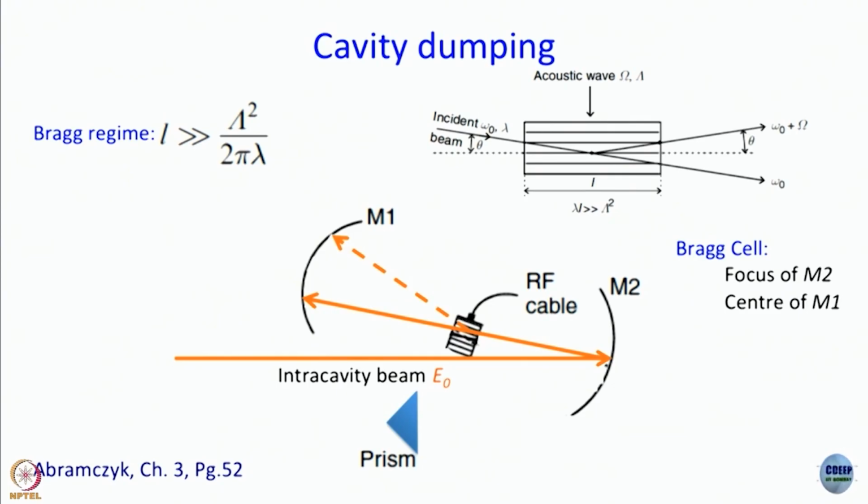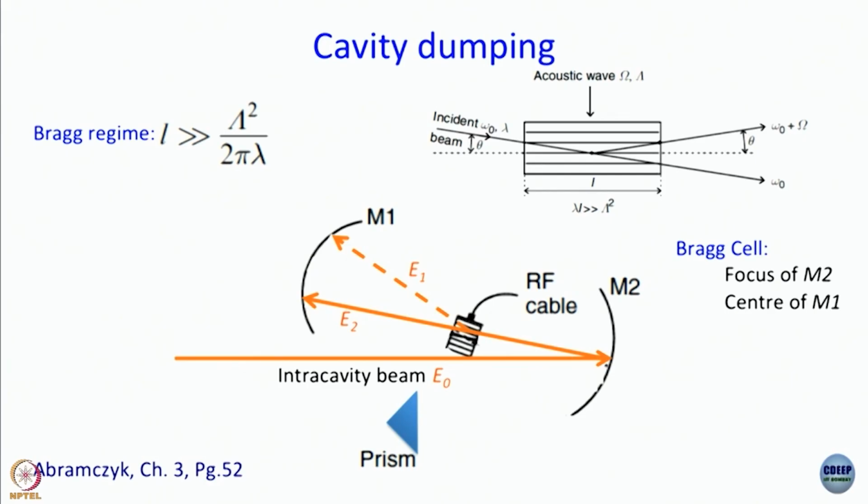Are we okay? Let us say that the electric field associated with the first order beam is E1, and the electric field associated with the beam that went through straight is E2.